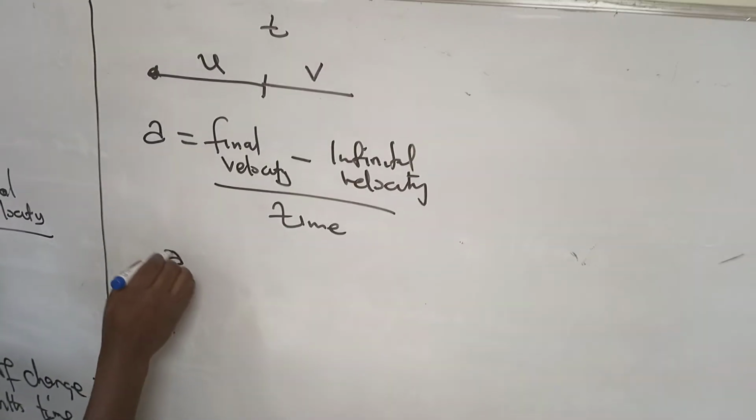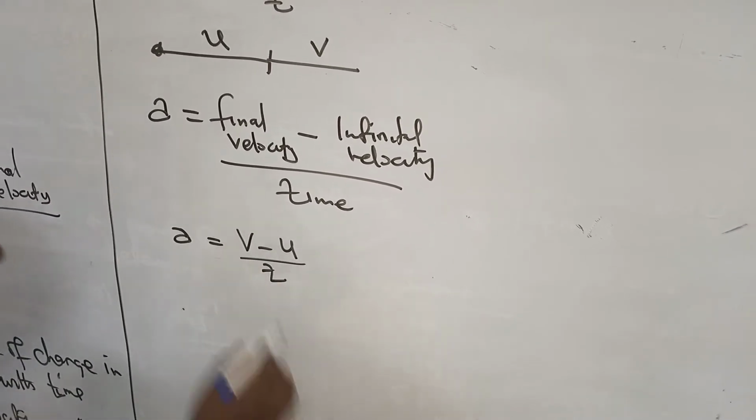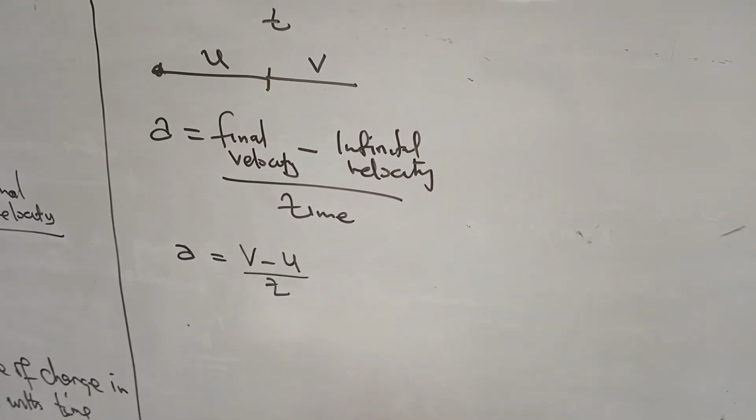So a shall be given as v minus u over t. So that one is what gives us the acceleration.